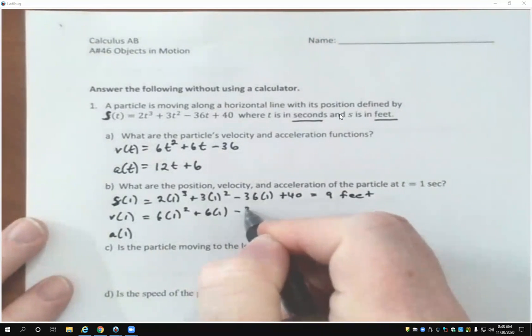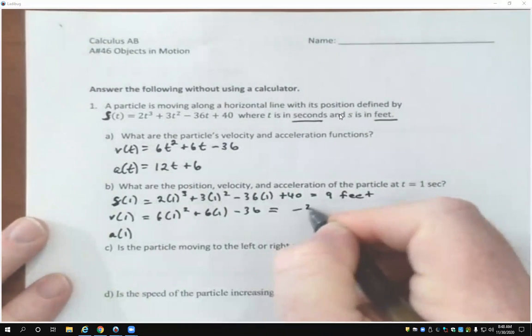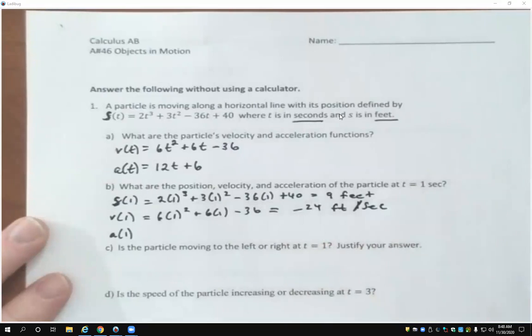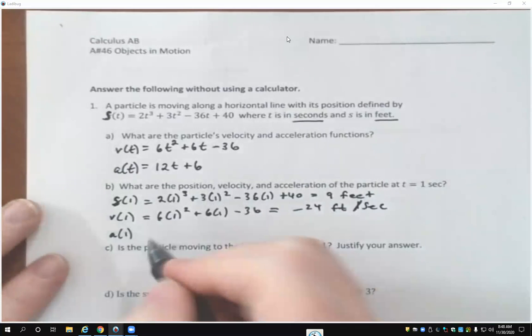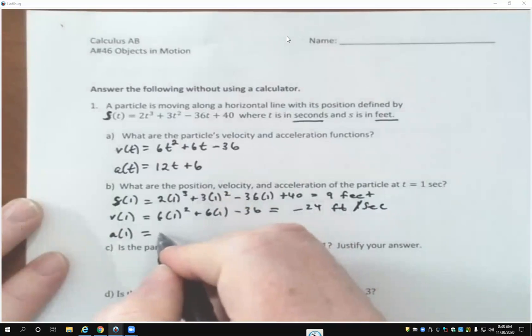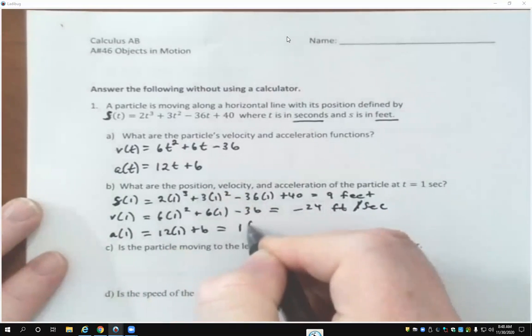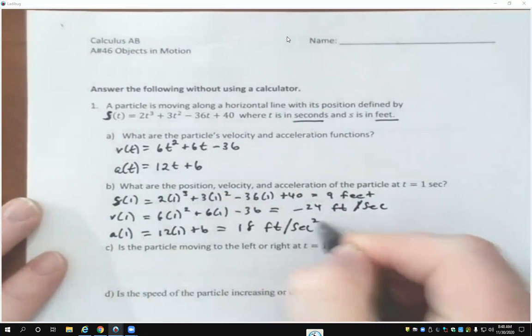Sorry about that, guys. And we work that out and we get negative 24 feet per second. And then the last one, a of 1, is 12 times 1 plus 6, which is going to be 18 feet per second squared.